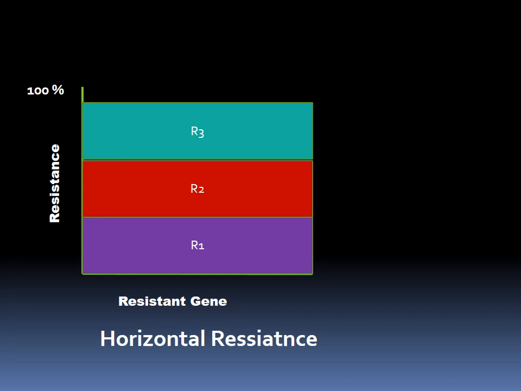Every gene contributes maybe 20, 25, 30%, and even if one gene is lost for any reason, there are still other genes which provide 60 to 70% protection. It is almost impossible that at the same time in a single individual plant all these three genes become mutated and lose their property of resistance.